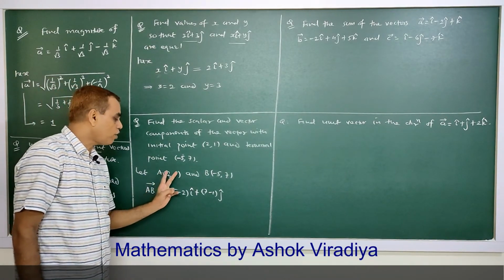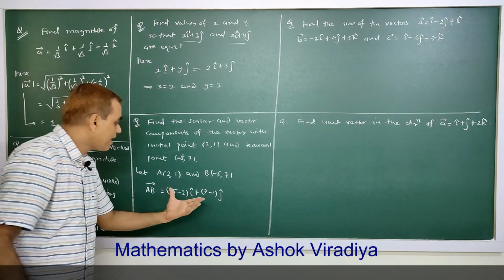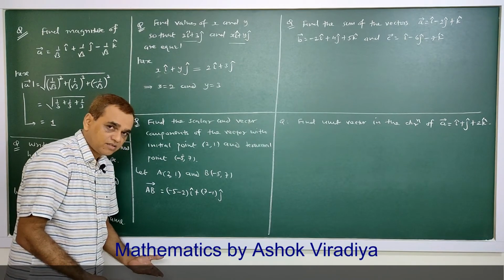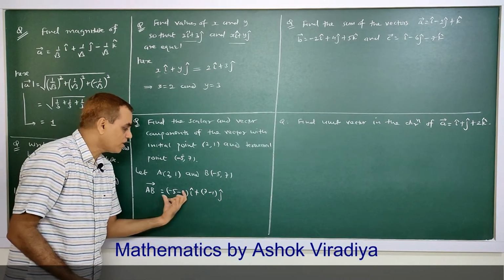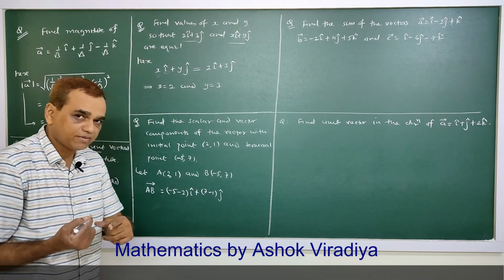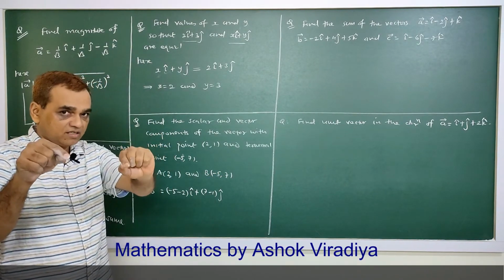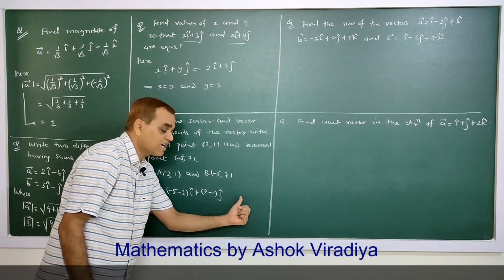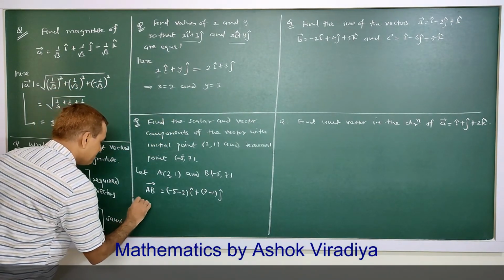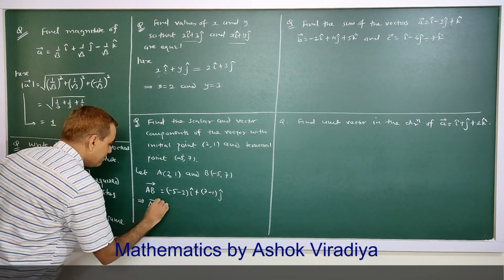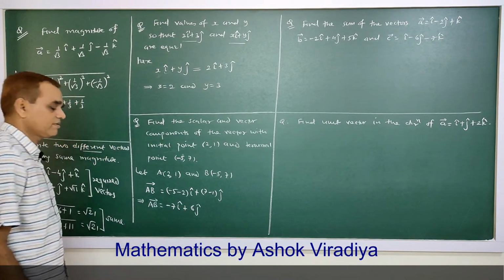There are two components in each point, that means these are points in R square, so this vector will be in R square. So there will be two vector components, one with i cap and one with j cap. If in the given points there are three components, that means the points are in space, then you should add one more k cap component. So vector AB is -7 times i cap, 6 times j cap.